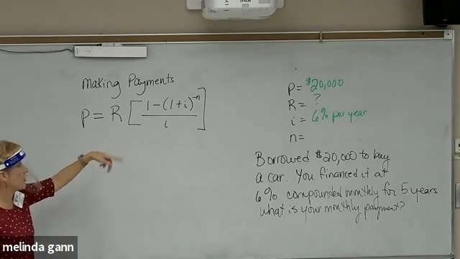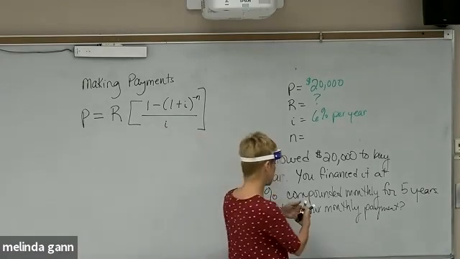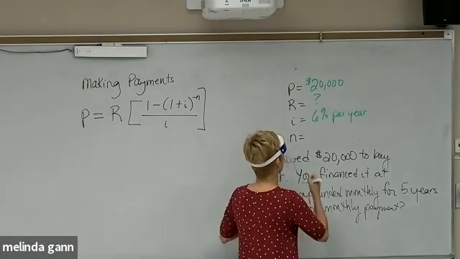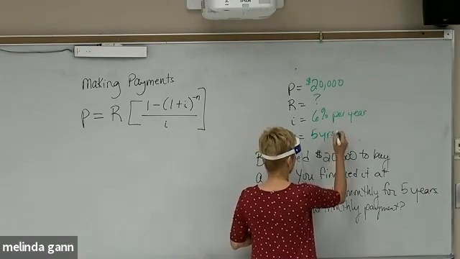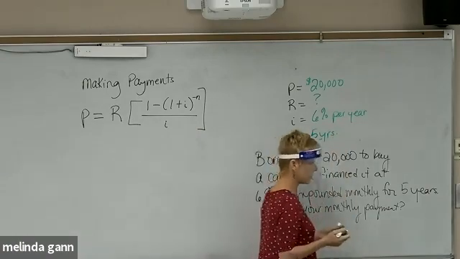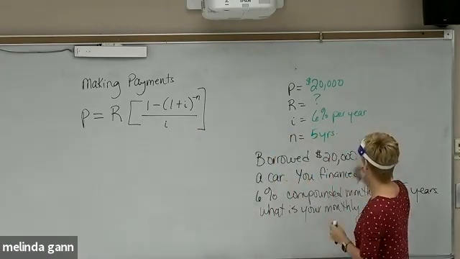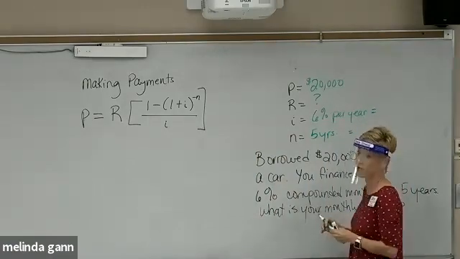Now, let's go up here then. My time is 5 years. But what does everything got to be in terms of? It's got to be monthly. So I've got to go change everything to months. You go change those things to months and let's double check.